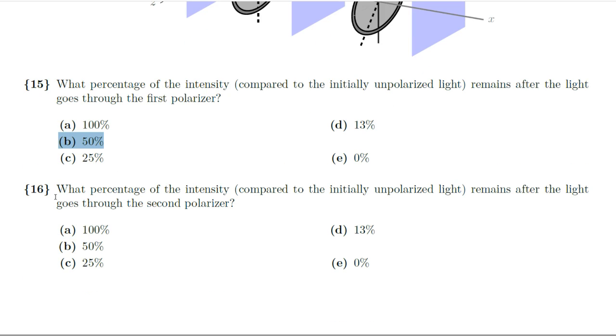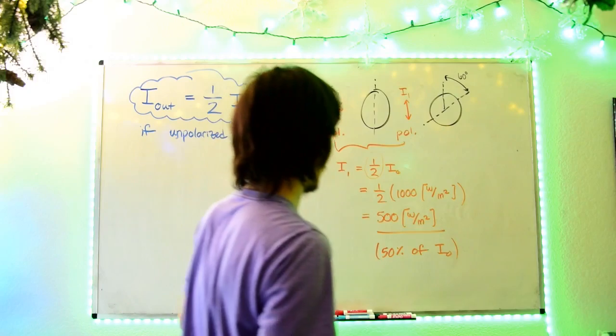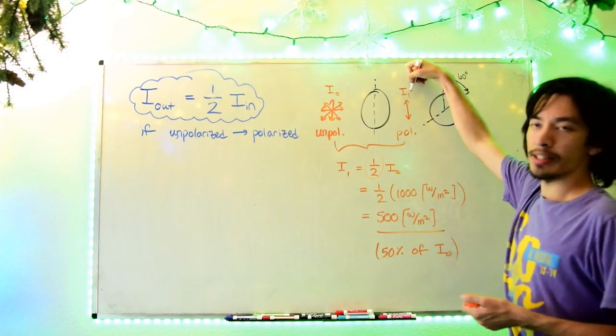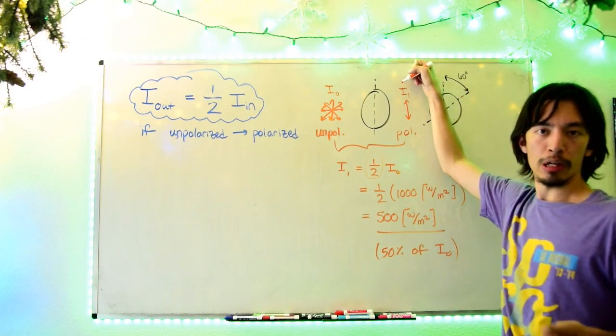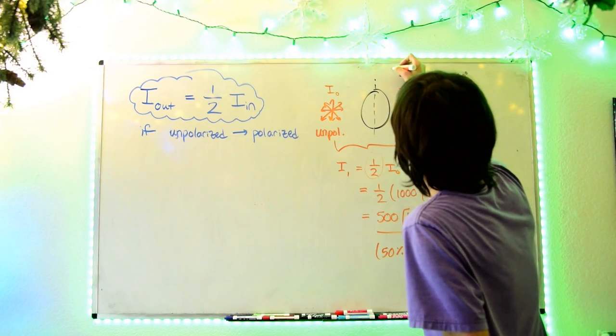Now, 16, I'm asking you now for what percentage of intensity, again, compared to the initial unpolarized light, remains after the light goes through the second polarizer. So upon going through the first polarizer, you have an intensity I1, which is 500 watts per square meter.